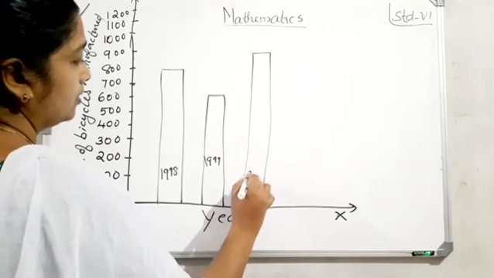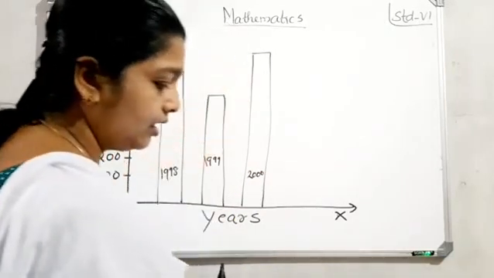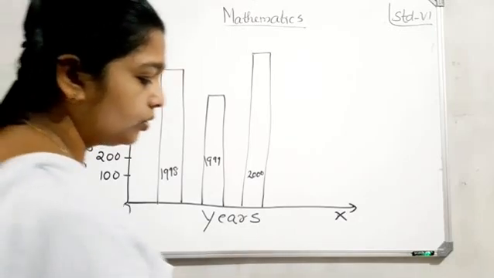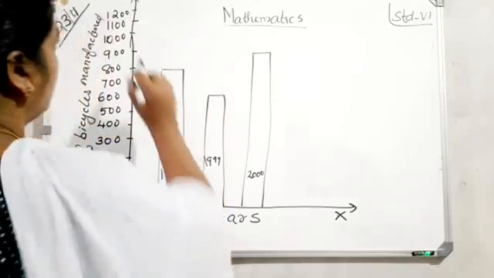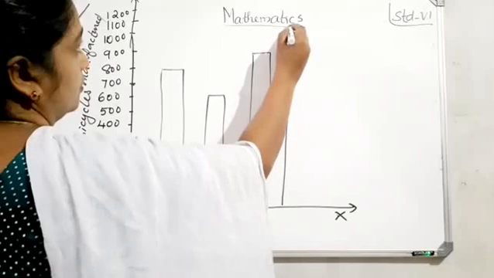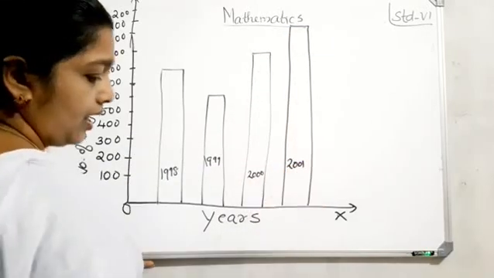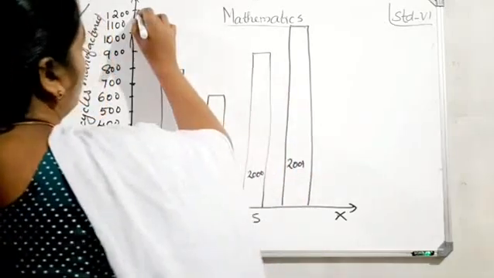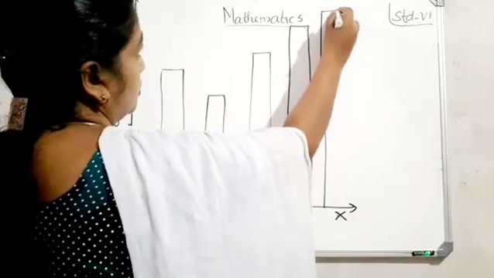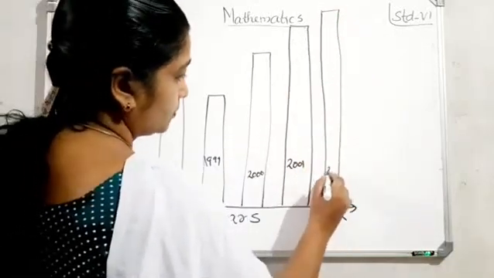That equals 2000. Next which year? Yes, 1100, that is 2001. 1100 here. And last year 1200 here, the maximum. That equals 2002.